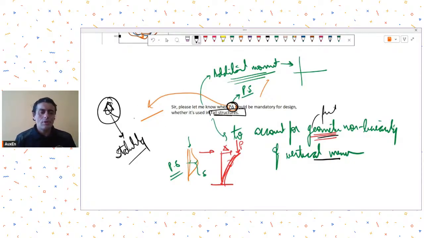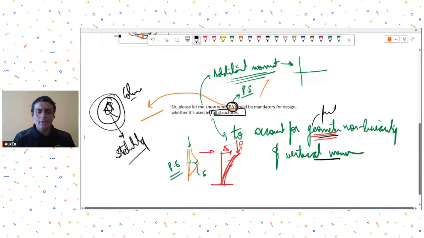If your columns are slender, or have large sway, or are part of a tall structure, then your codes will make it mandatory for you to use the p delta effects. Otherwise, you can continue with the first order analysis and consider moment magnification using some codal formulae. Okay.